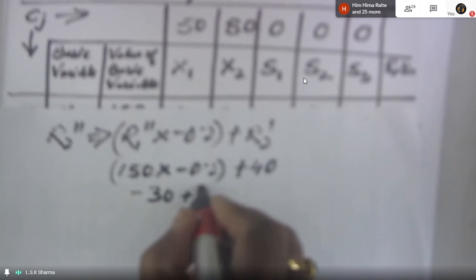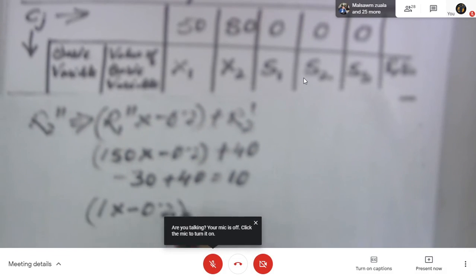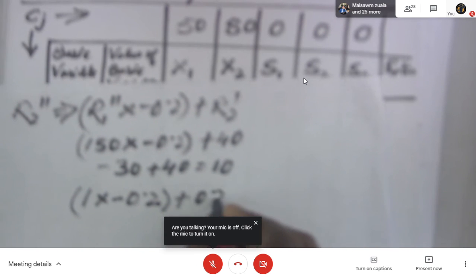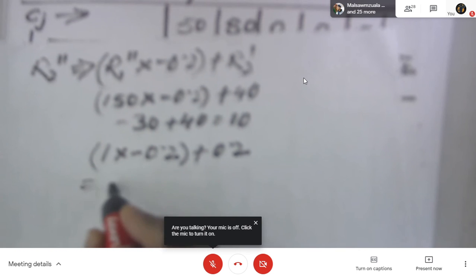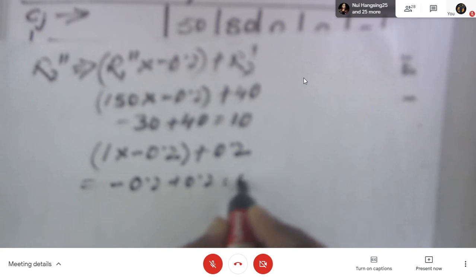Minus 30 plus 40, how much you get? 10. So the value out here is 10. The second one, 1 into minus 0.2 plus, what is the value out here? 0.2. So we put this 0.2 out here. So you get minus 0.2 plus 0.2, which is nothing but 0.